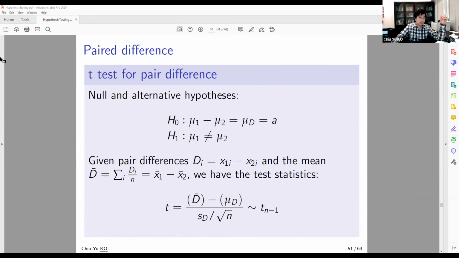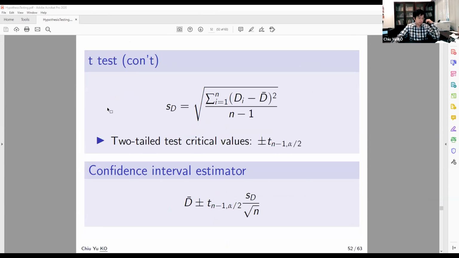So here we have SD, the standard error, which is the sample standard deviation over the square root of n. So this is the sample one.